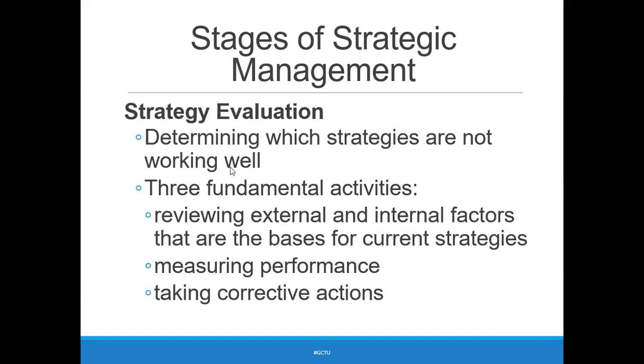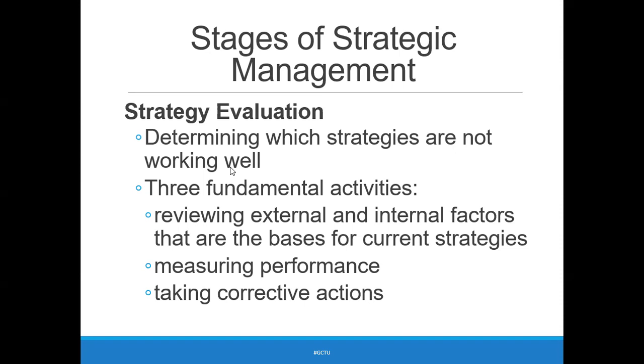Then the last stage of the strategic management process is the strategy evaluation. And within this stage, an attempt is made to determine which strategies are working well and which ones are not working well. And once this determination is done, it becomes imperative to jettison the ones that are not achieving enviable results.